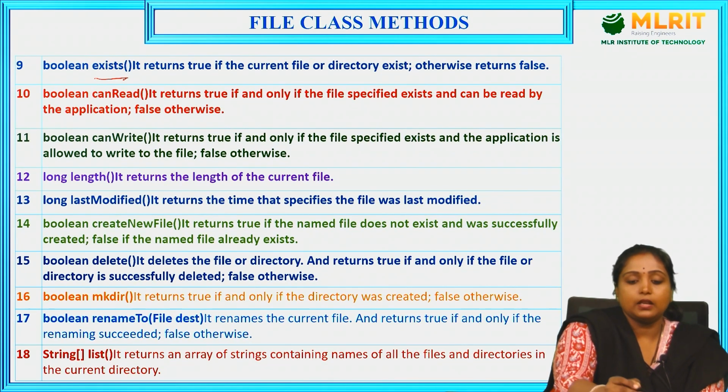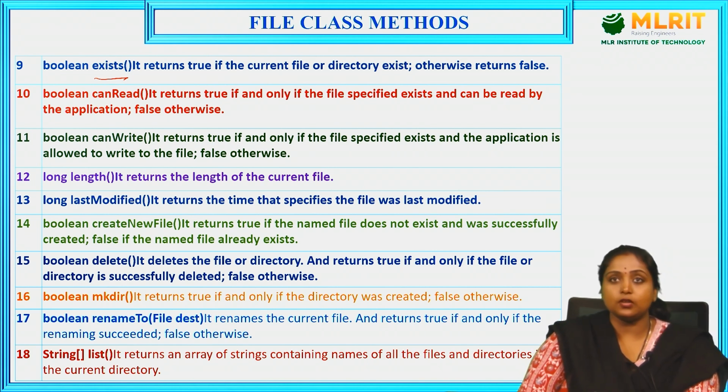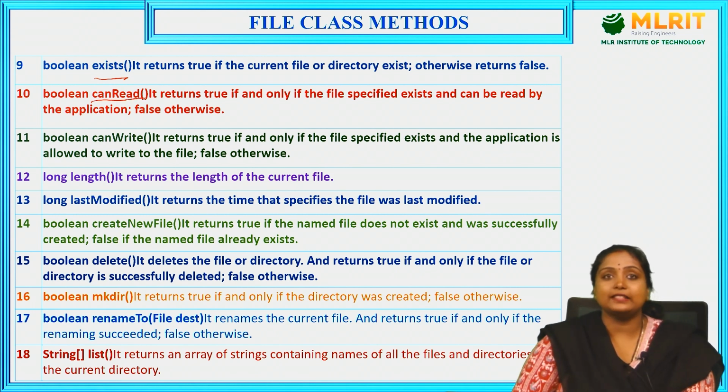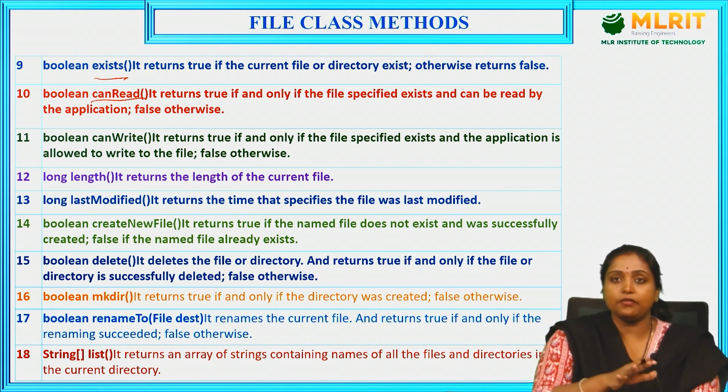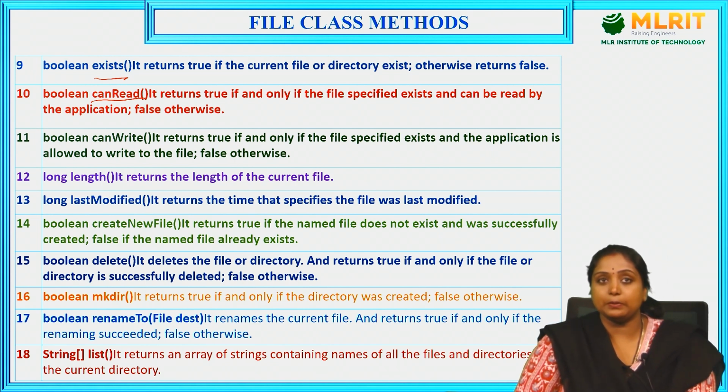Exists, so it returns you true if the current file exists. If the current file does not exist, it will return you false. And canRead checks whether the specified file has read permission.